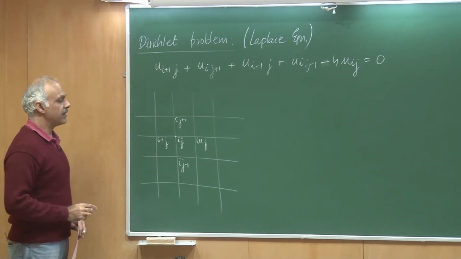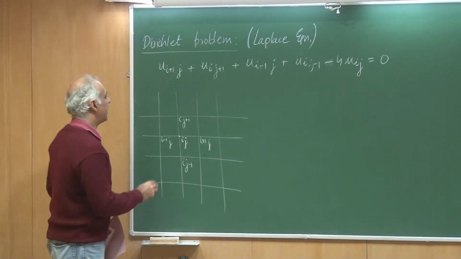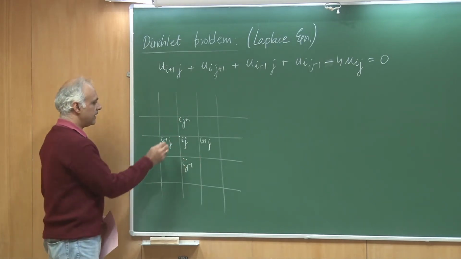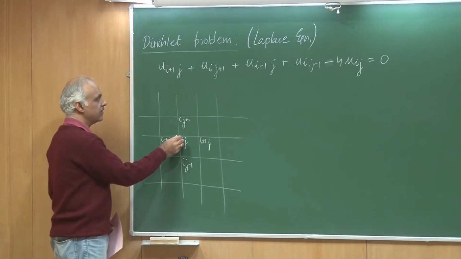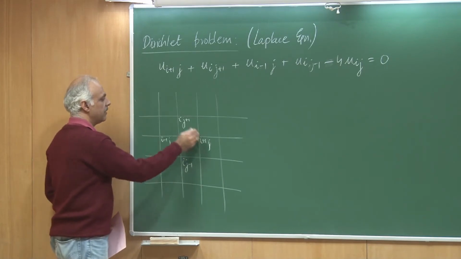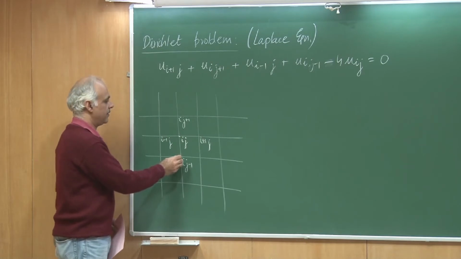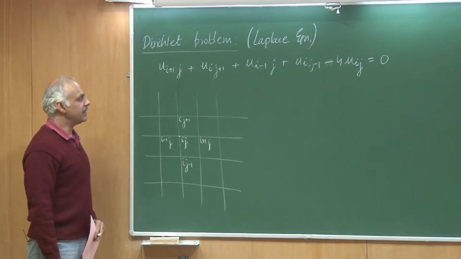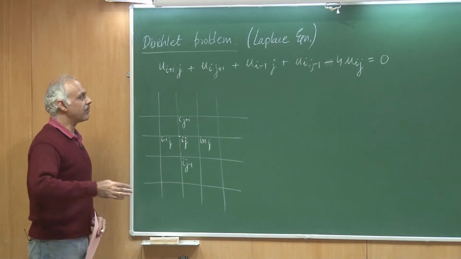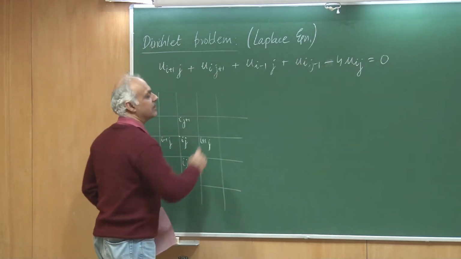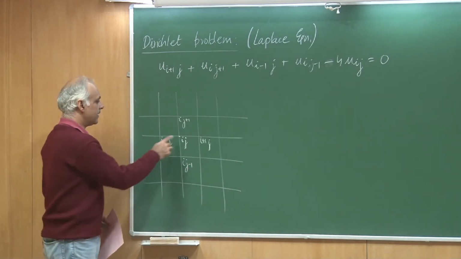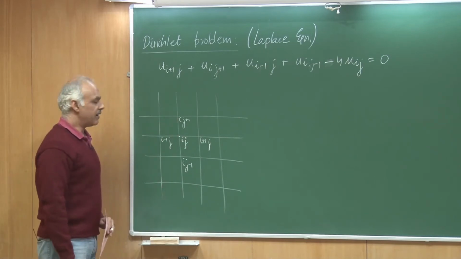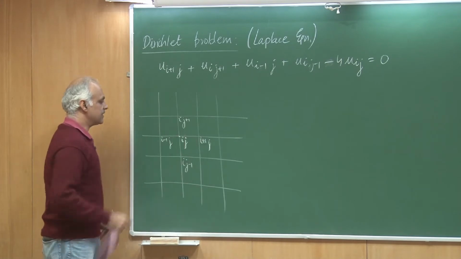Now please notice that when I write down this equation and I have a large number of grid points, then in each equation I am going to have unknowns which are the neighbors, these 4 neighbors. So each equation has essentially 5 unknowns. But as I go to the left or to the right or up and down, their location actually changes.